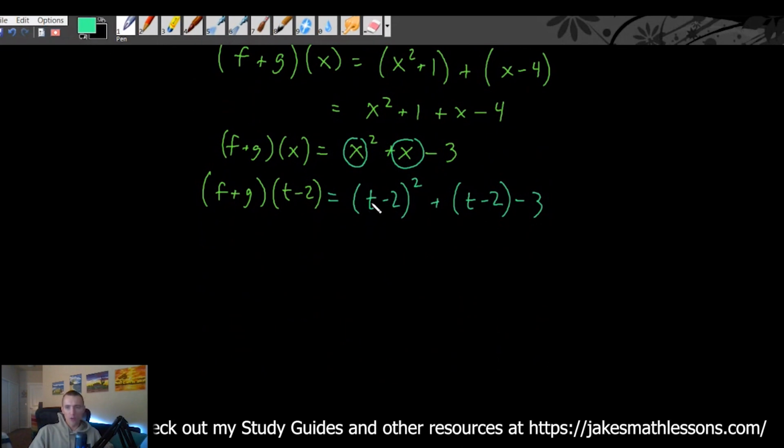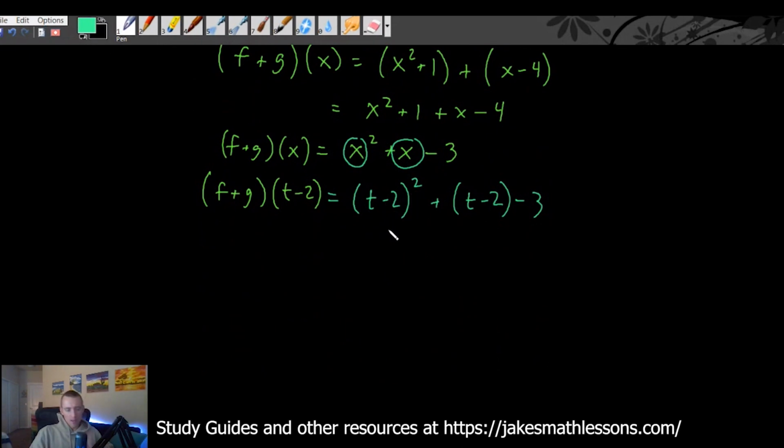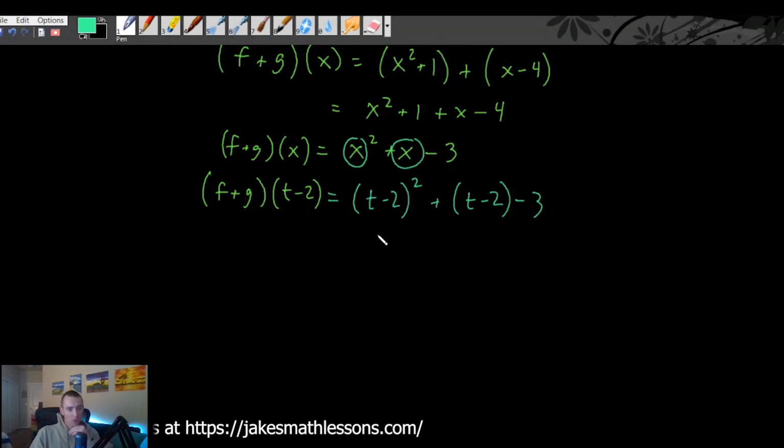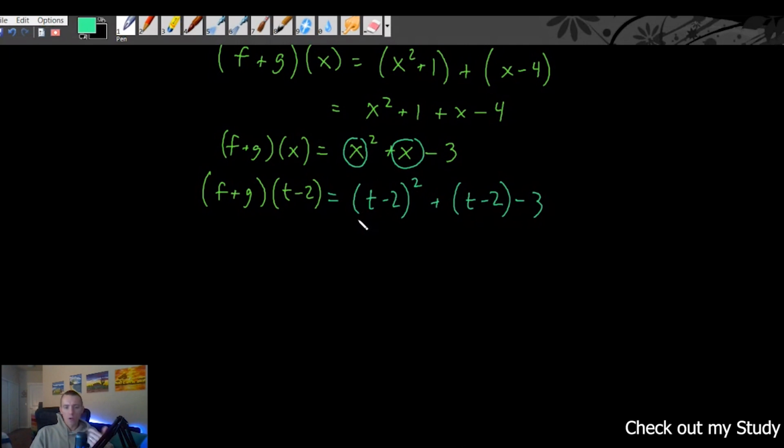Do be careful when you have t minus 2 all squared. A common mistake I see people make there is they just square the t, square the negative 2, and say t squared plus 4, or t squared minus 4. That's not how this is going to work. You want to be very careful whenever you have multiple terms being added or subtracted inside parentheses and it's all being squared. Think about what squared means.